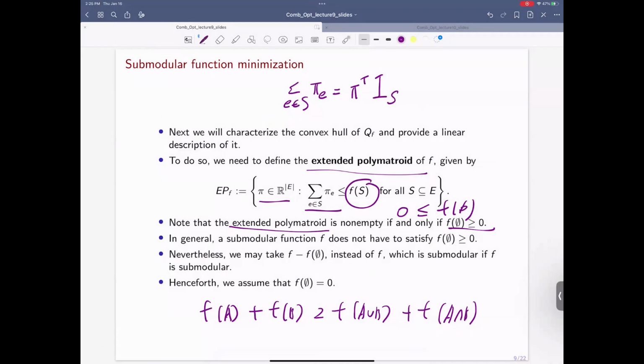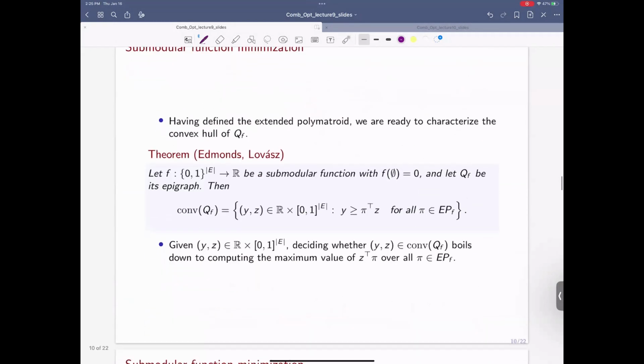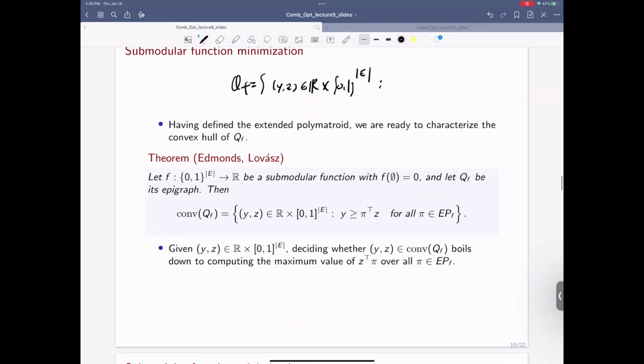Okay. Go real slow. So we are ready to describe the convex hull of the epigraph. Again, remember that Q of F is a mixed integer set, (y, z), where y is a continuous value, and z takes 0-1 values, where y is at least f of z.